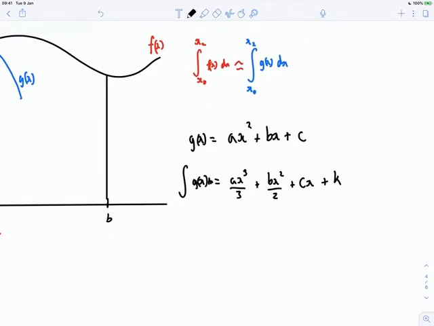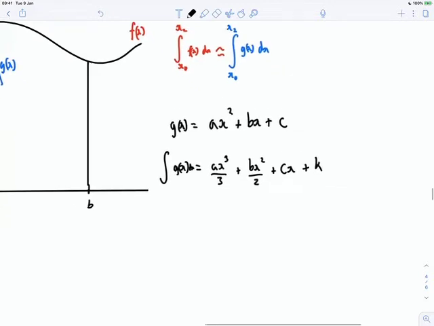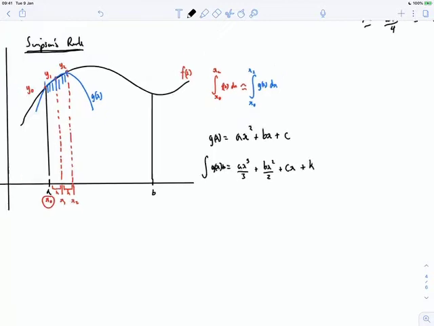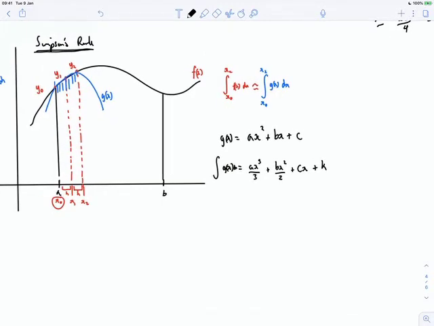Right, so here's the deal. I know 3 bits about my curve. When I sub in g of x0, I get a lots of x0 squared plus b lots of x0 plus c, and that equals y0.